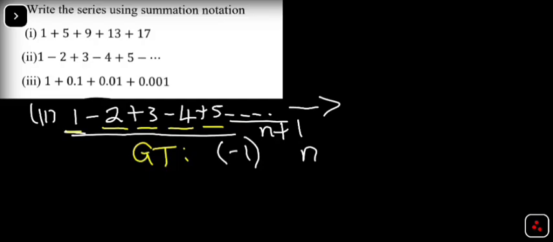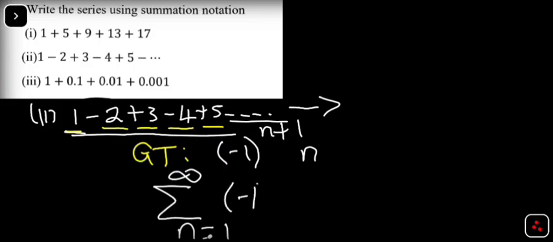Then now the summation notation will be summation, since the numbers are going to infinity, it will be infinity. Then what is our first term? Our first term, n is equal to 1, and our general term, which is negative 1 to the n plus 1 times n.